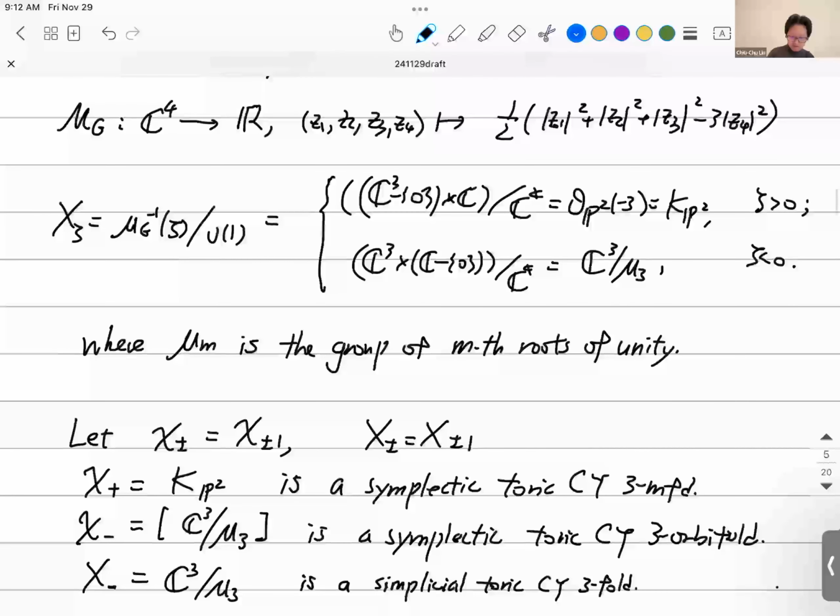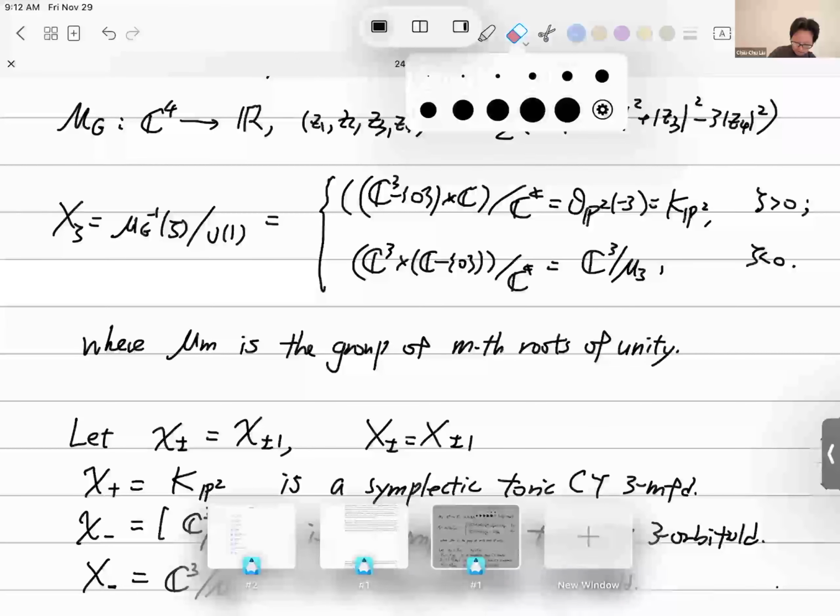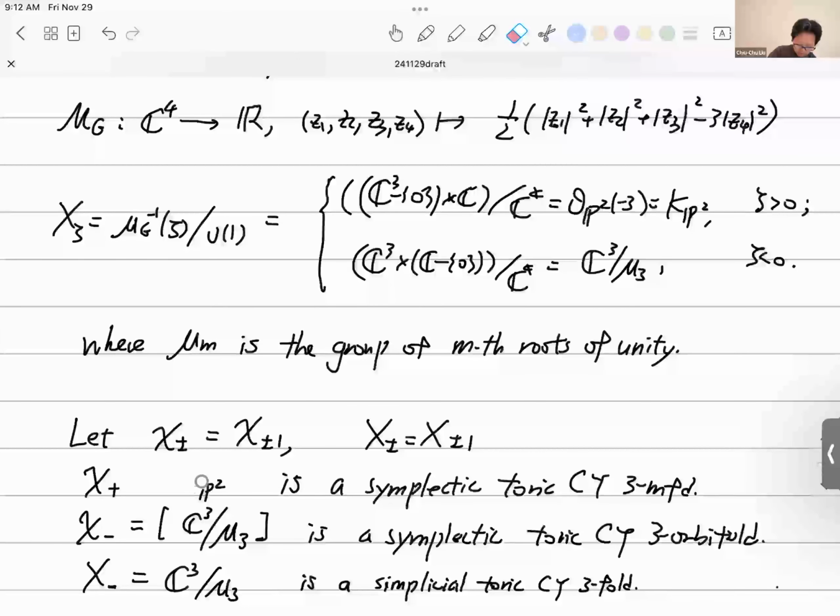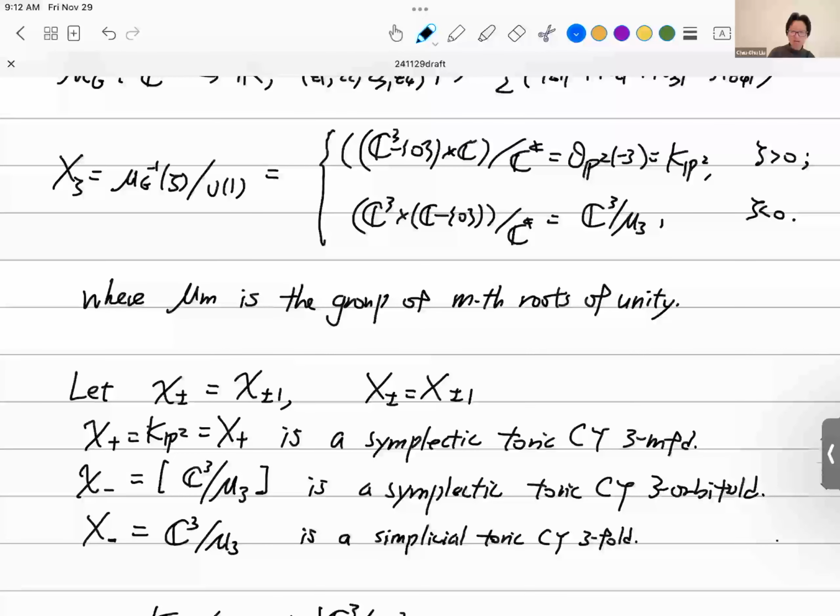So now, yes, let curly X plus minus be curly X plus minus 1, and straight X plus minus be the coarse moduli space. When in the positive phase, this is just equal, and it's a symplectic toric Calabi-Yau 3 manifold.